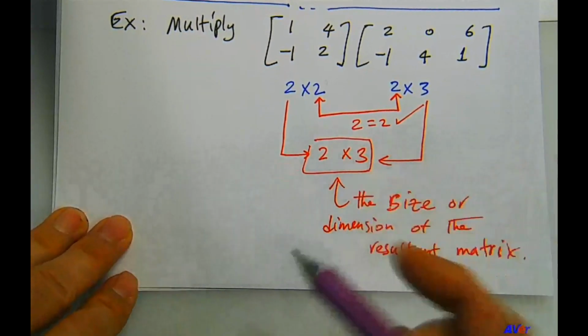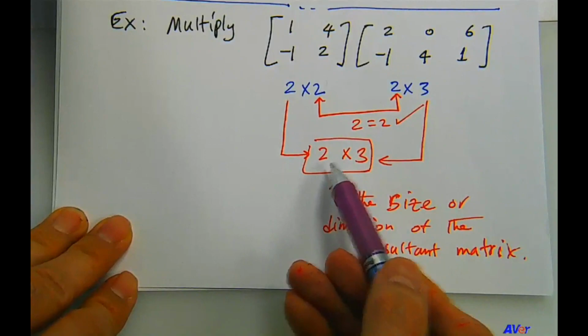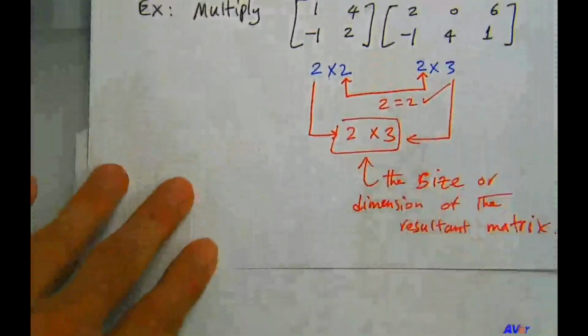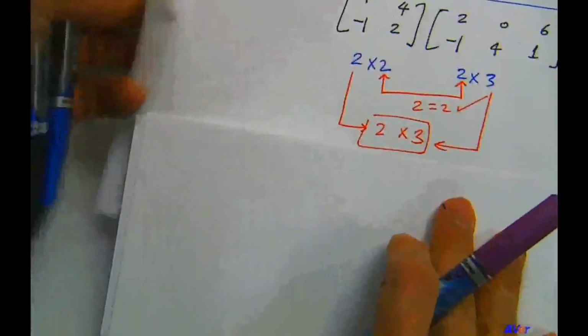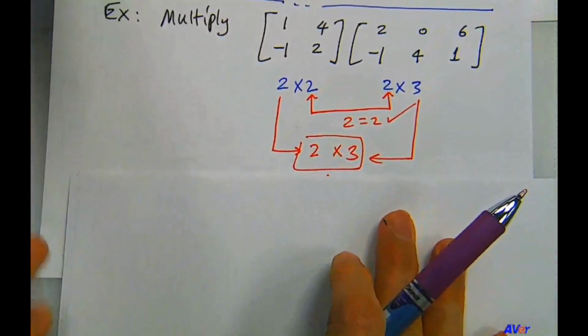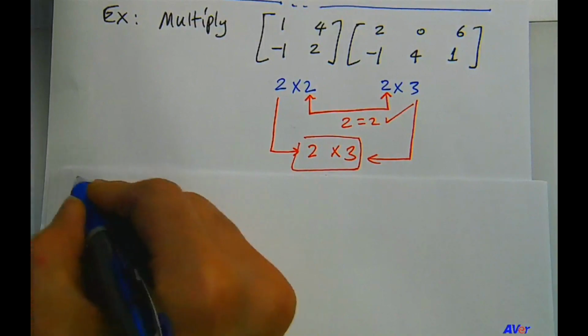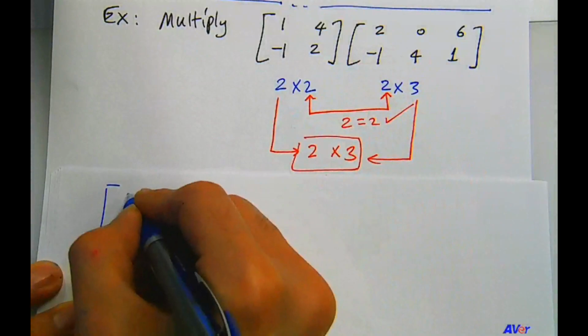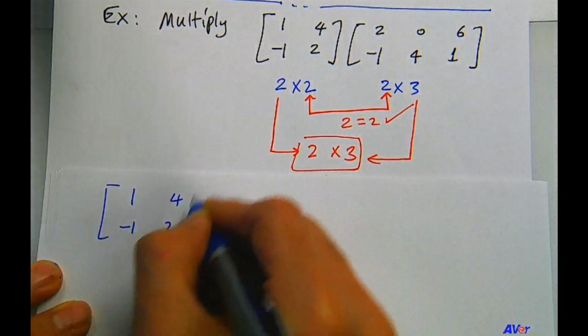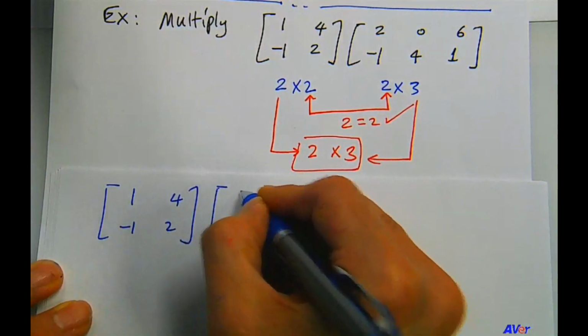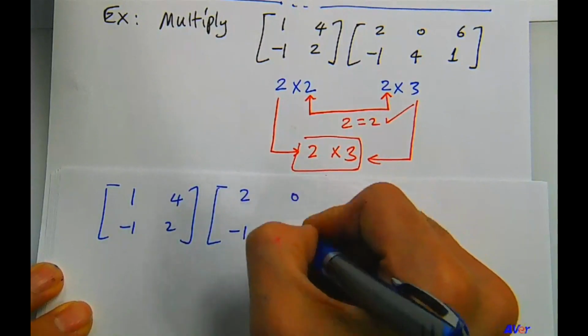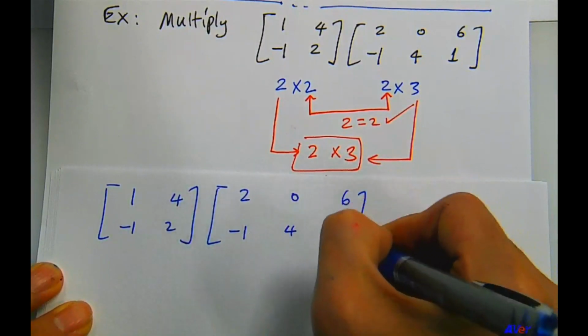Okay, so we know that's what we're going to get. All right. So how do we then perform this operation? Let me write it here. I'm going to duplicate this here, like that.